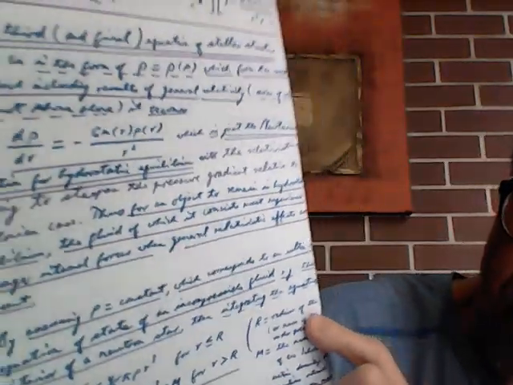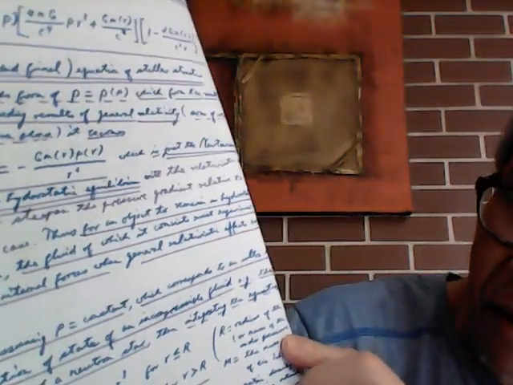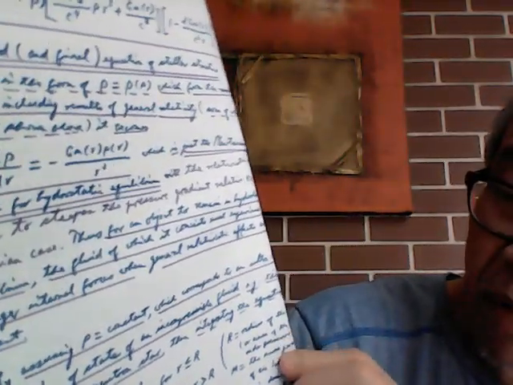R is the radius of the star, or the radius of the fluid under pressure.